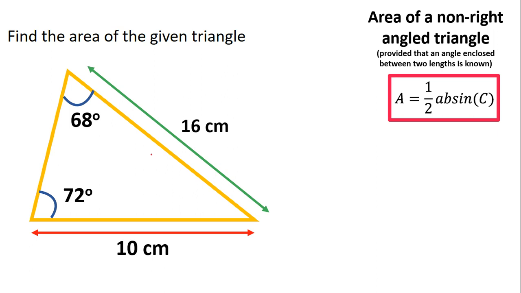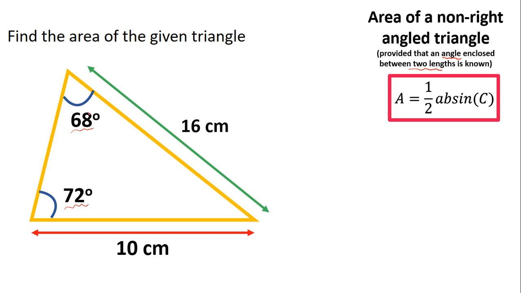Now, an important concept in this particular question is that it's talking about the angle enclosed between two lengths. Which angle should I be taking? I have two angles here, either 68 or 72. I should be taking an angle that is enclosed between two lengths.